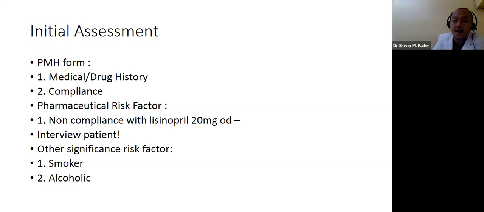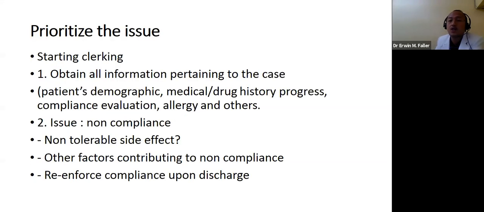After you have done the initial assessment, you'll be able to prioritize some of the issues. So you'll start writing, clerking on any of the obtained information, and you'll be able to critically analyze and identify the relevant issues, particularly in this case. You'll be able to say that the main issue here is non-compliance.